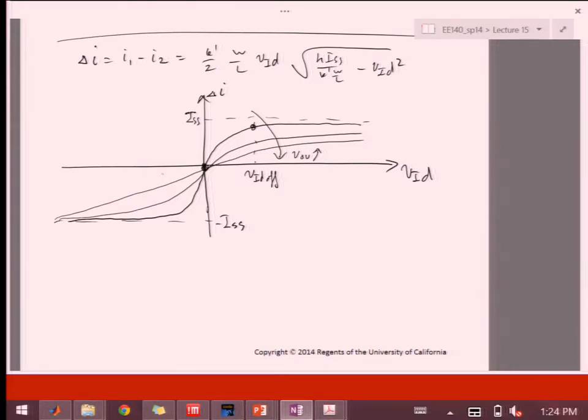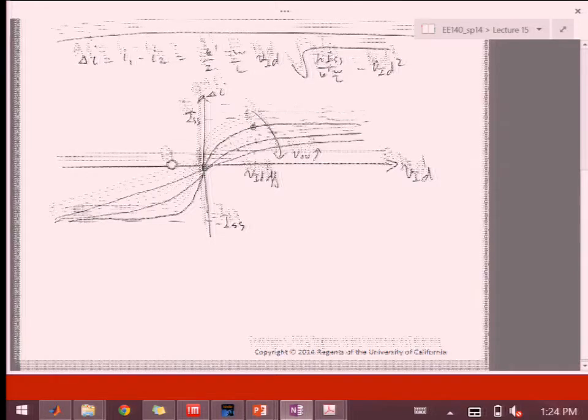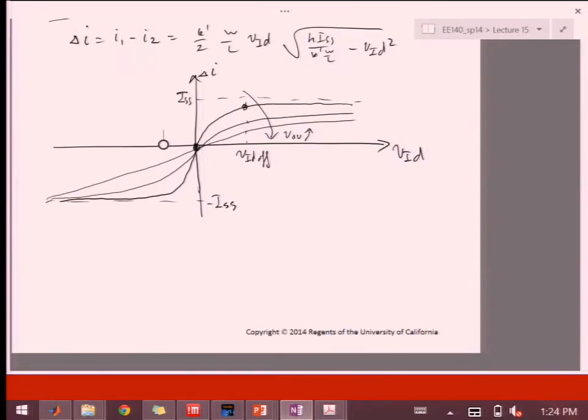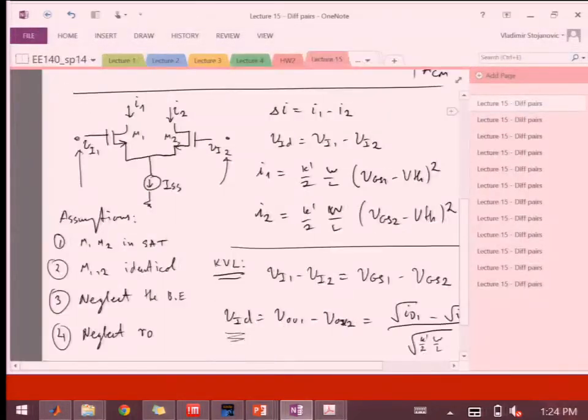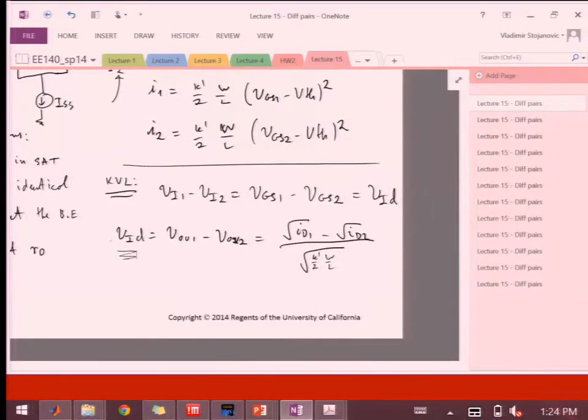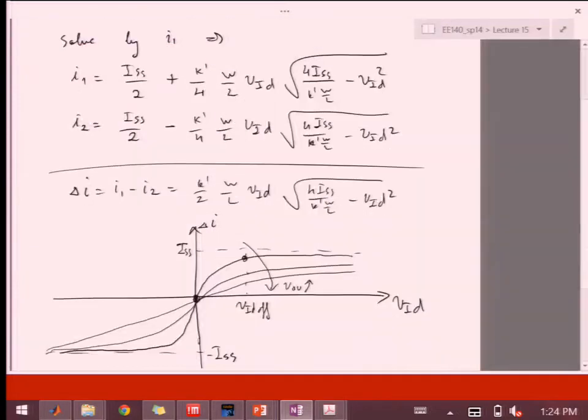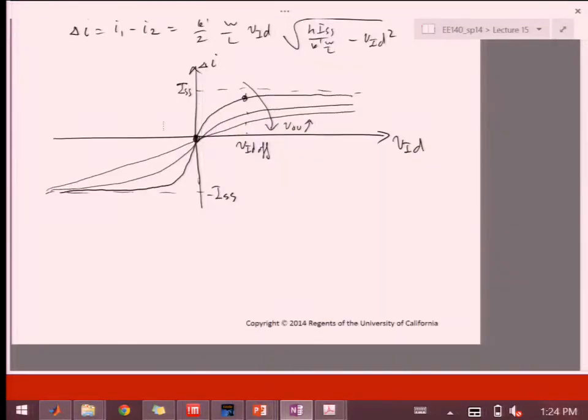And we can only work in the input range until this cutoff point. So for this VID off, we can look at the equation for VID and say that really happens when one of these currents is 0. When one of these currents is 0, I'm switching all the current into one of the two transistors in the differential pair.